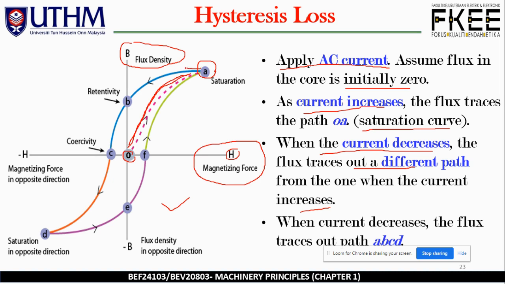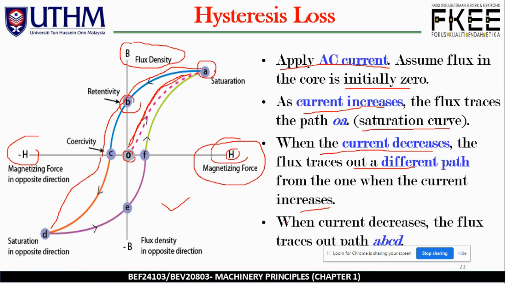So now we have a new path, the blue one, which moves down here and intercepts the y-axis, the flux density, and we have this one called retentivity. I will explain it later. It moves down further to intercept the x-axis, negative H over here, where we reach the coercivity point, and down further to D, the saturation in the opposite direction.